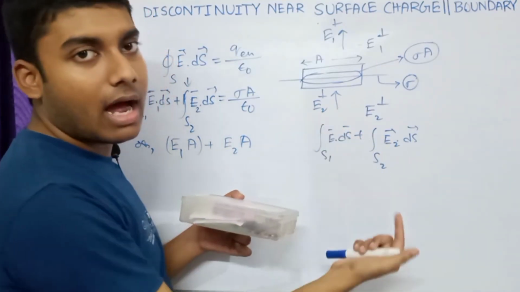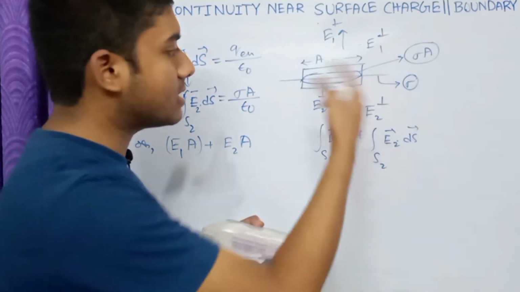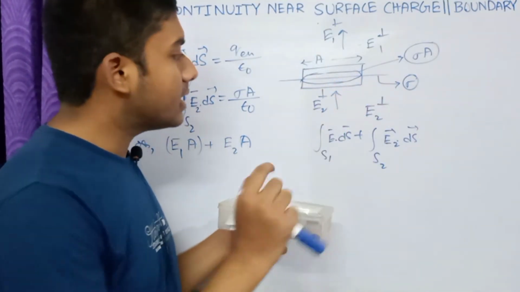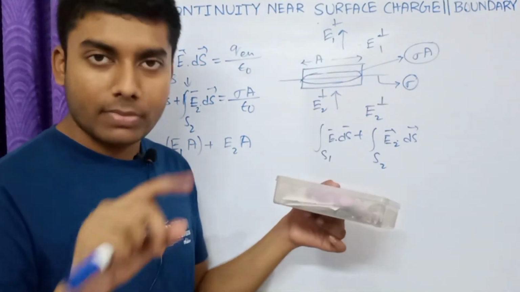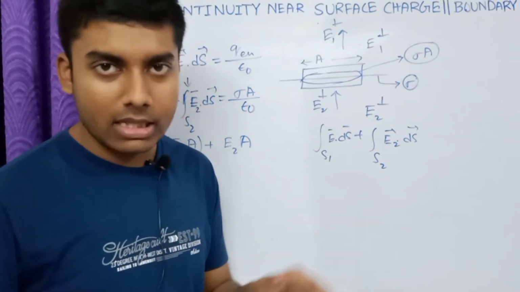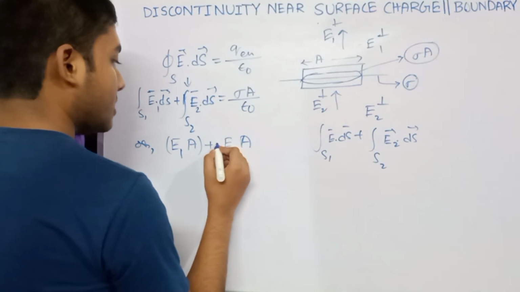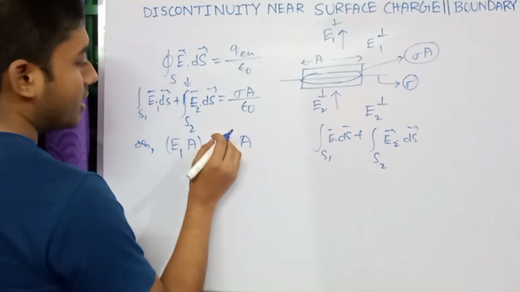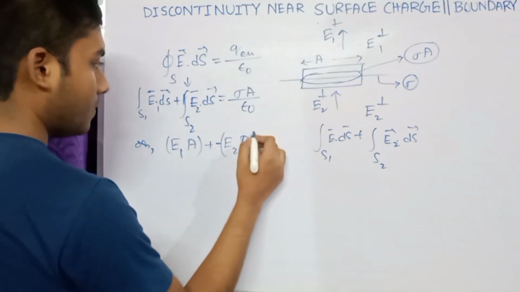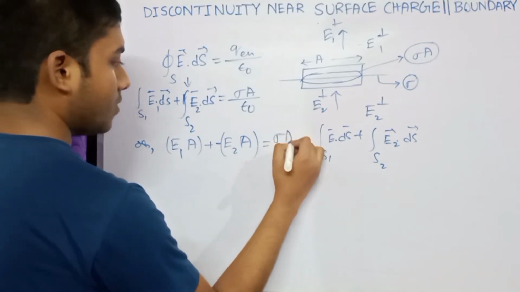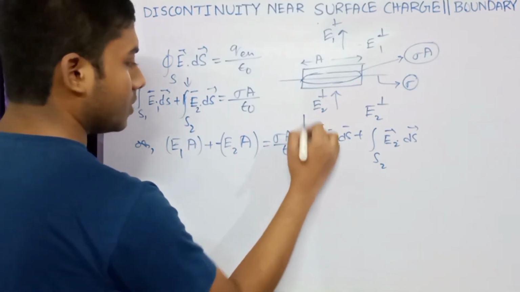E2 is upward, and we are assuming this positive. So there is a 180 degree angle, so the dot product will be just minus the multiplication of the two. So this is equal to sigma into A over epsilon naught.